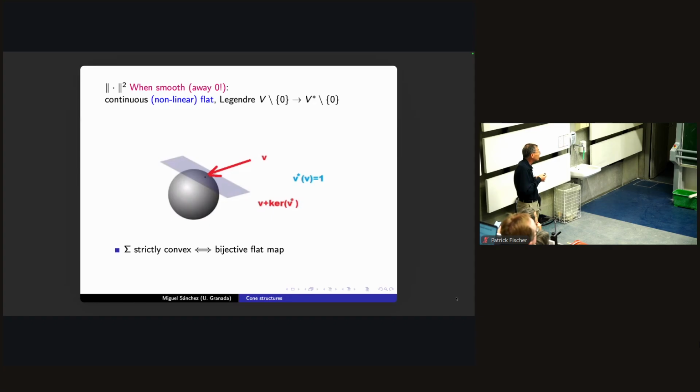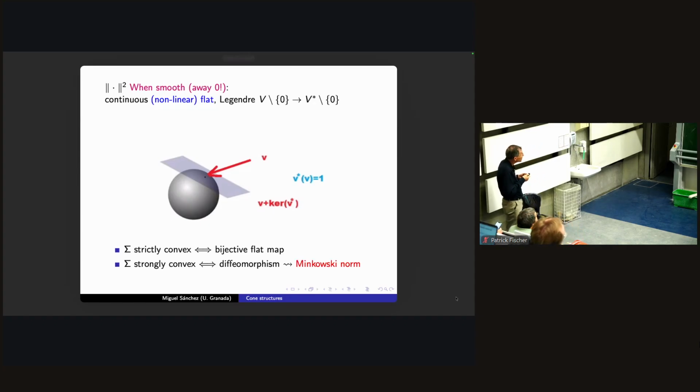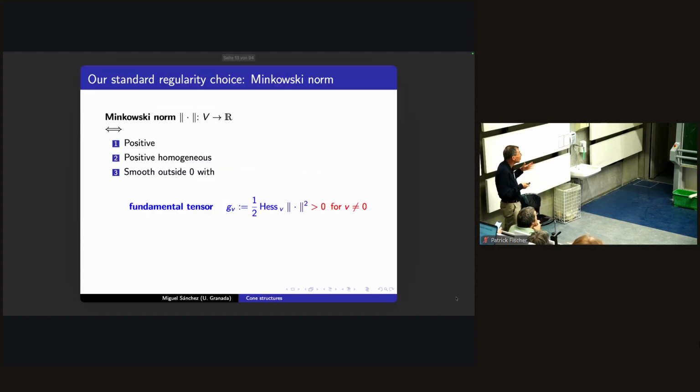In the case of strict convexity, this is a bijective map. And in the case of strong convexity, this is a diffeomorphism, and this norm is called a Minkowski norm, okay? This will be the regularity we are going to use, but the things can be weakened, but it is the simplest case.